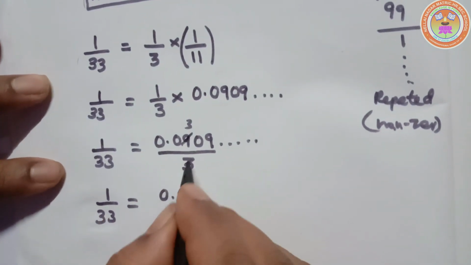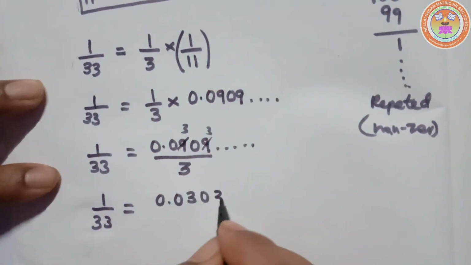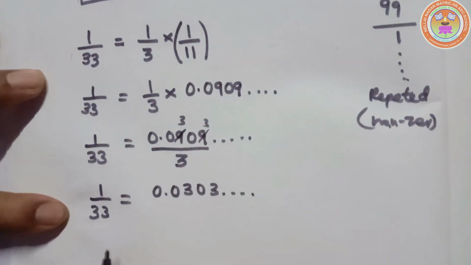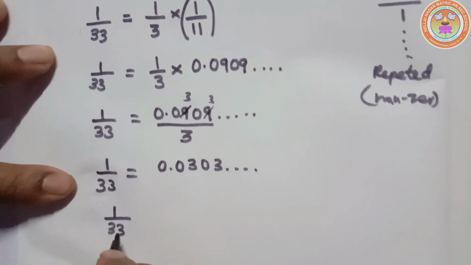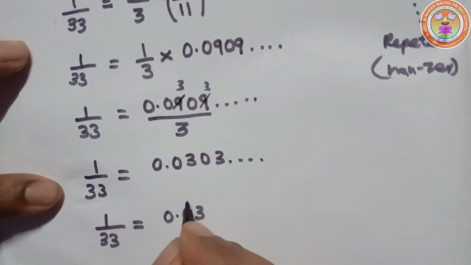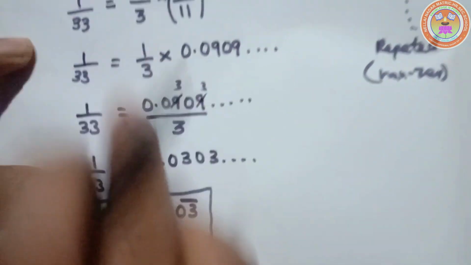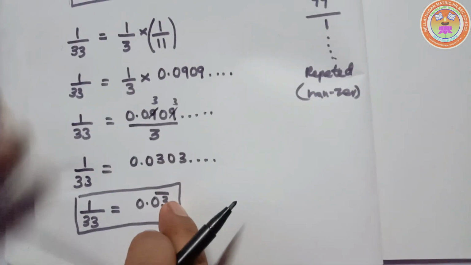So 1 by 33 can be written as 0.03 bar. So this is also the decimal expansion of 1 by 33.